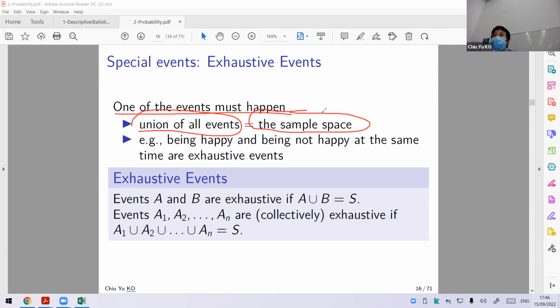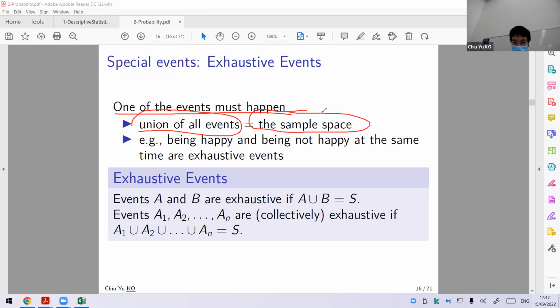So when the commentator describes an exhaustive event, basically he says nothing. It's no prediction, because saying either get in or not get in is an empty statement, because it must happen.